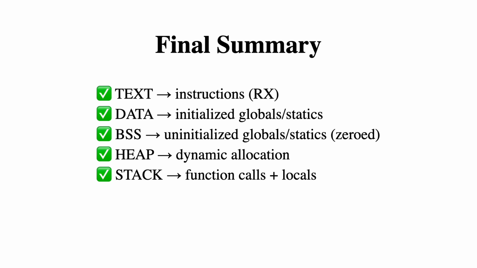That's why your global or static variables are initialized with zero by default. That's a property of the BSS segment. Next is the heap segment, which contains the dynamic allocations. And the last is stack, which contains function calls plus locals. If you understand this, you are already ahead of most engineers in debugging clarity.